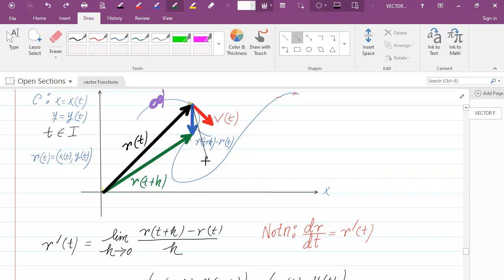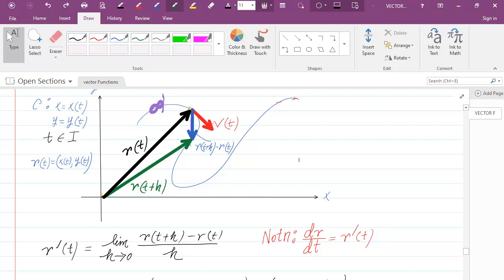The tip of r of t plus h is going to approach the tip of r of t as h goes to 0, and as a result, the vector r of t plus h minus r of t divided by h is going to approach a tangent vector to the curve at the tip of r of t.